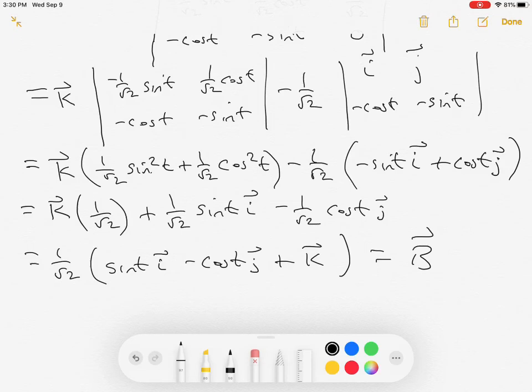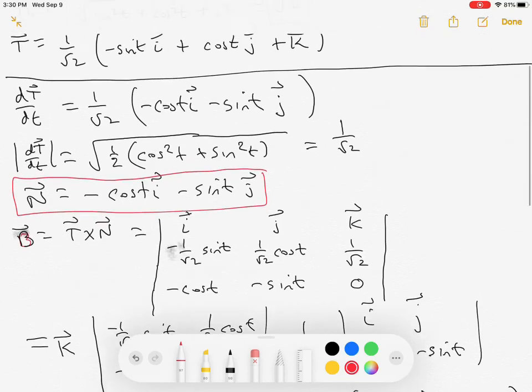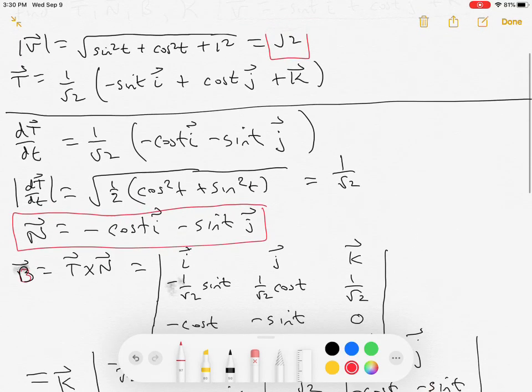So it has a k component. And when we look at the video here in a second, B is going to be going up because it's got a k component. Whereas the N component here sits parallel to the xy plane.